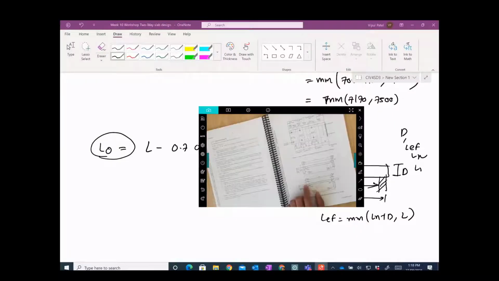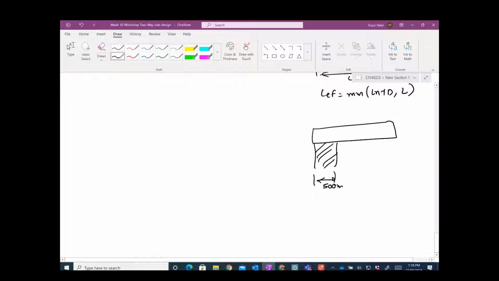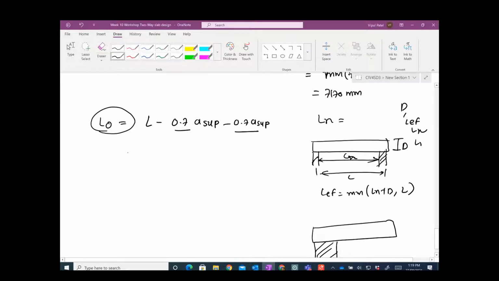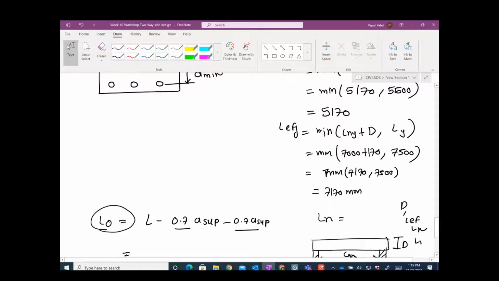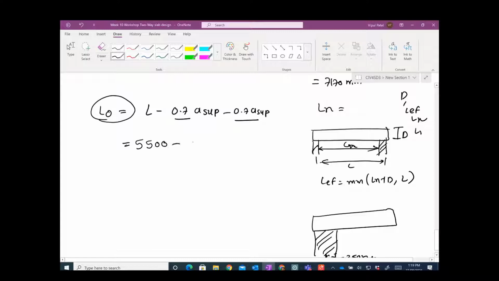So A support is basically this distance. If I take this beam and let's say you have a 500 millimeter beam, then A support will be just 250 millimeters, just divide by 2. All right, so if I want to calculate L0, we can calculate that easily. L0 equals, because it's both sides 0.7 and 0.7, L, I think we know L was the center to center distance 5500.